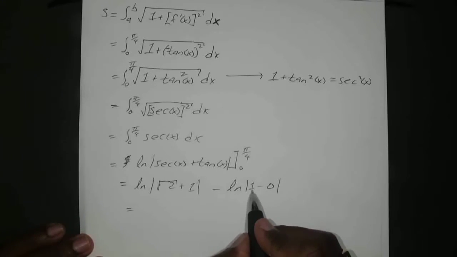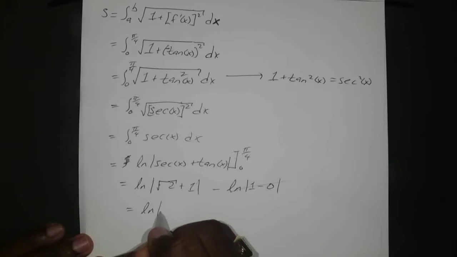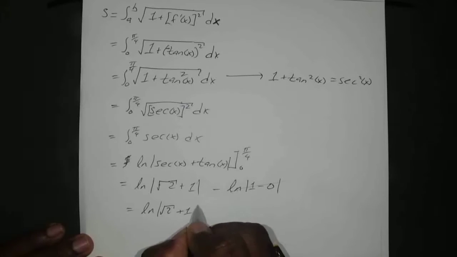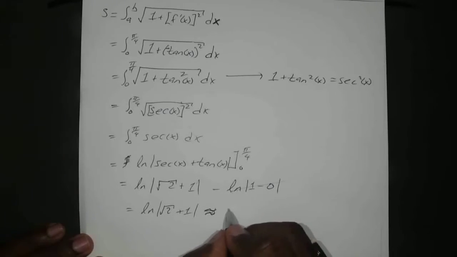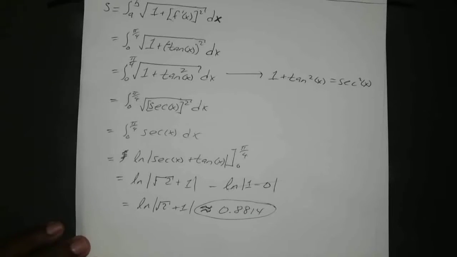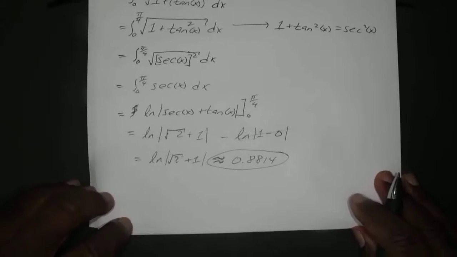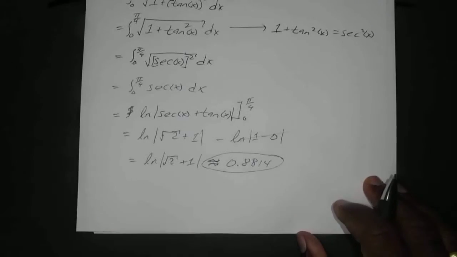So natural log of 1 is just 0, so that disappears. So you have the natural log of square root of 2 plus 1, which, since it's not an exact value, is approximately 0.8814, give or take a decimal here or there. All right, so any questions on that one?